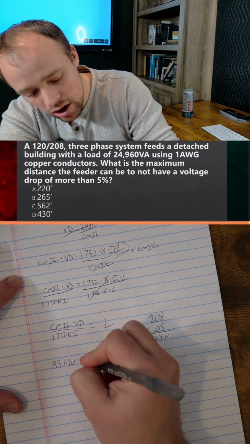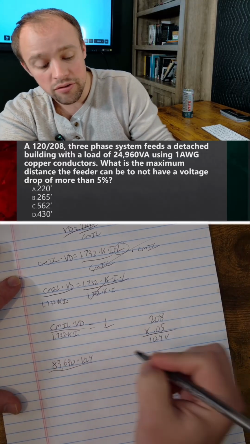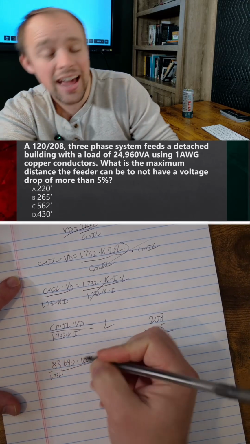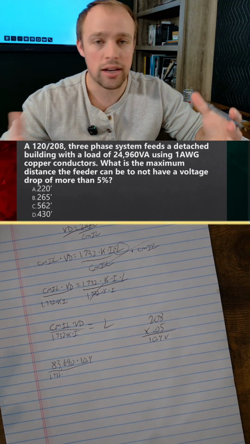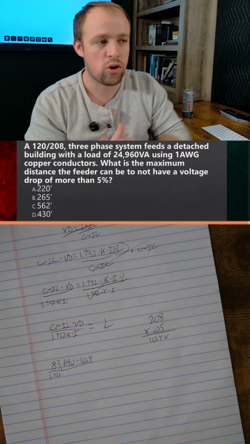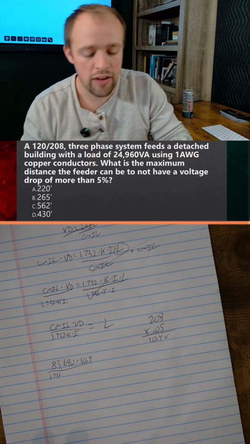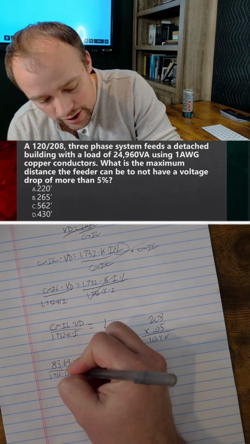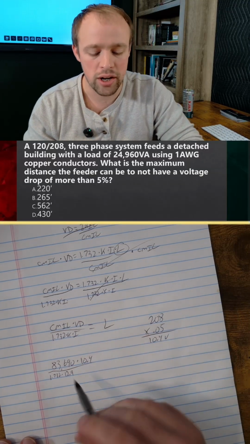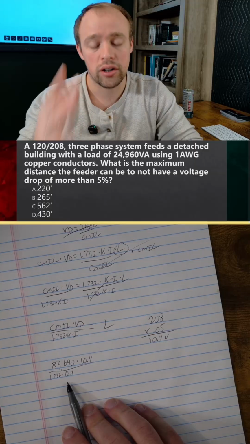So I'm going to write 10.4. Now I need to divide by 1.732 times K. What is our K constant? Again, it's not in the code book. They expect you to know that. For copper conductors, our K value is 12.9. If it was aluminum, I think it's 21.2. Hopefully I'm getting that right, but I do know it's 12.9 for copper.